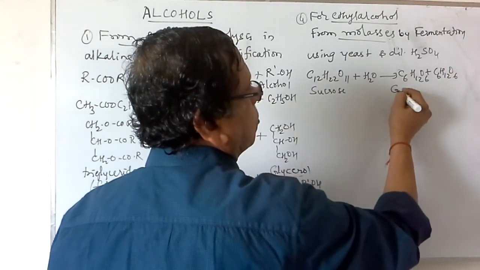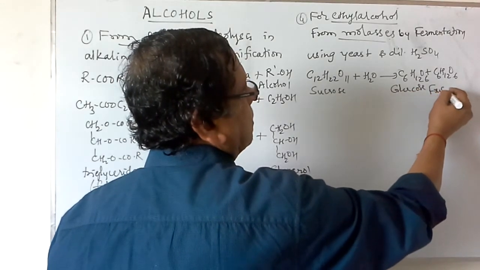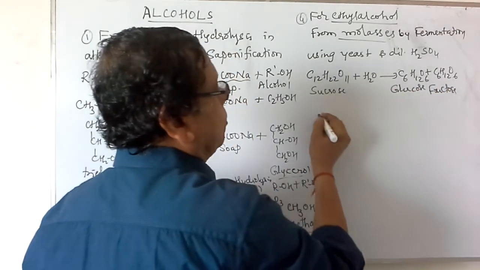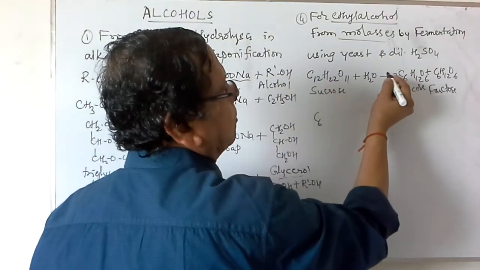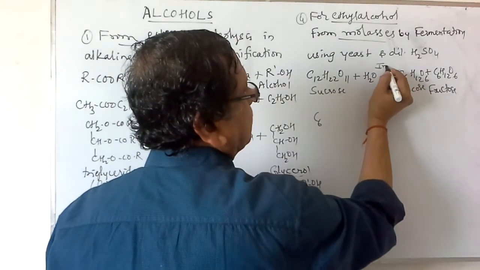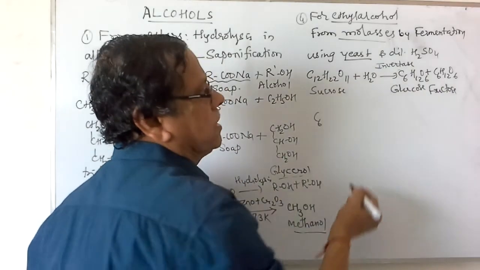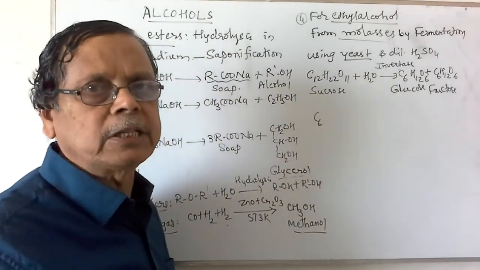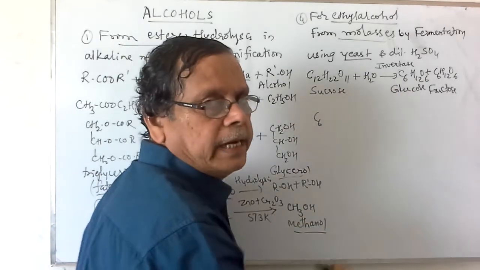One is glucose, the other one is fructose. This reaction is carried out or catalyzed by the enzyme invertase. The invertase enzyme as well as the zymase enzyme are present in the yeast plant. So this reaction will take about 2 to 3 days.